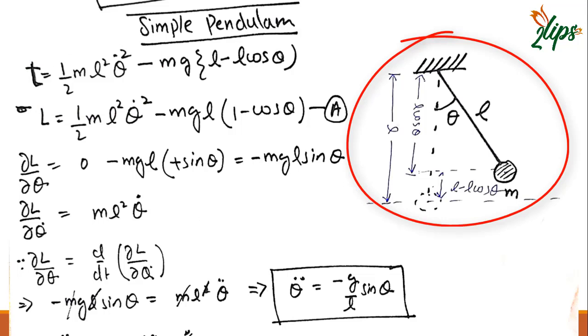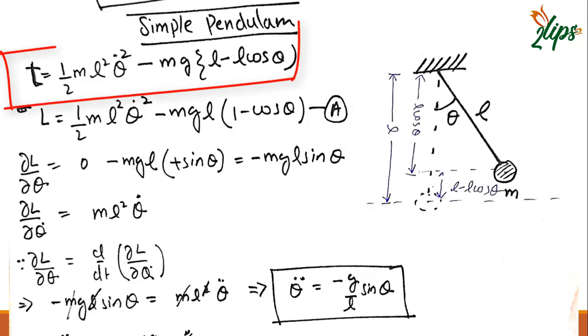Okay, so the next term is potential energy. Let's assume when theta is equal to 0, that is when our particle is in the vertical direction, at that moment the potential energy is 0. So when I displace this particle through a small angle theta, then this particle is displaced by L minus L cos theta along the vertical direction, because the total is L, and at any moment this vertical component will be L cos theta, so the difference is L minus L cos theta.